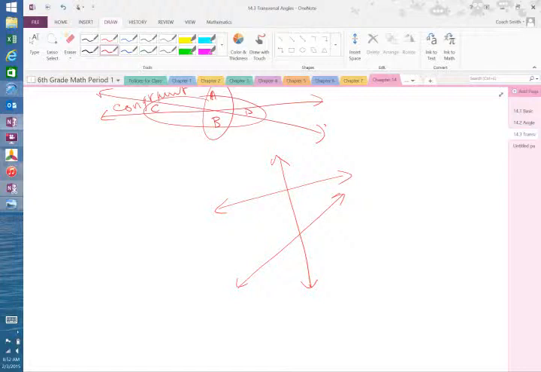If we look at that angle and that angle, obviously this is a smaller angle than that. But they are alternate interior angles. But the transversal intersects those two lines, and those two lines aren't parallel. That's why they're not the same.